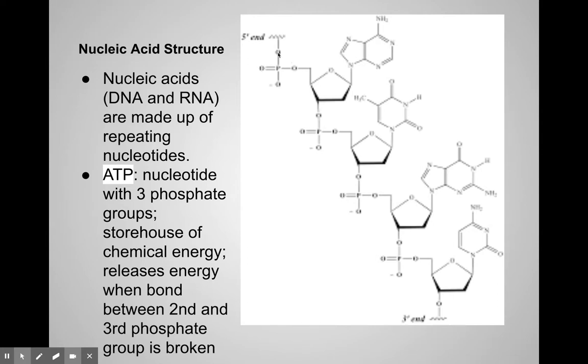So notice here we have this chain, and it is made up, remember the three things. We have sugar, sugar, sugar, sugar. So there's one. Then we have phosphate, phosphate, phosphate, phosphate. There's the second ingredient. And then we have the third ingredient, which is that nitrogen-containing base. So 1, 2, 3, 4.